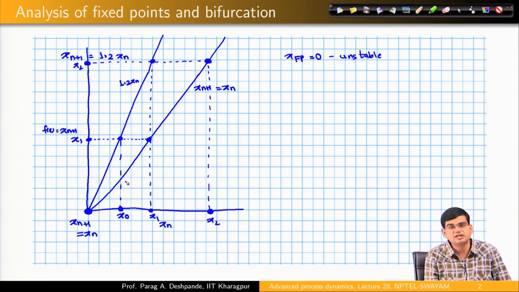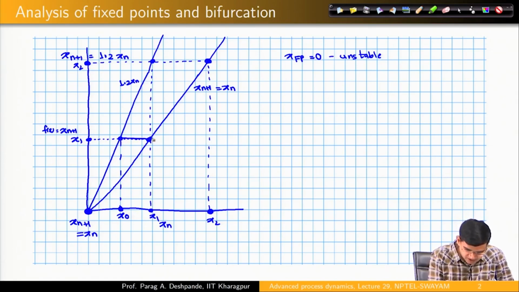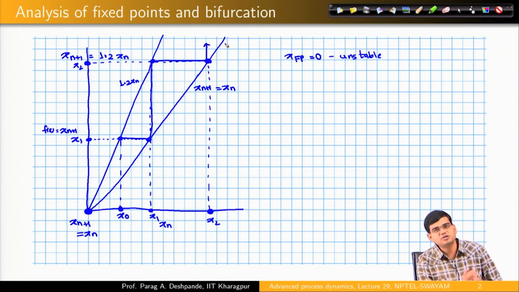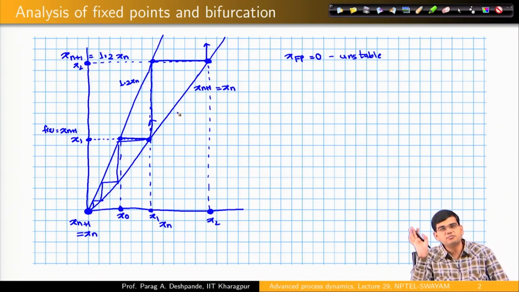So, let me try to draw the triangles. I started from this point, I draw a triangle here and here and here, and you see that you are just going away, you are never returning to that point. But you could have started from somewhere close to this point, and you could have drawn the triangles following the method which I did, and you would only have diverged away from the fixed point x equal to 0.